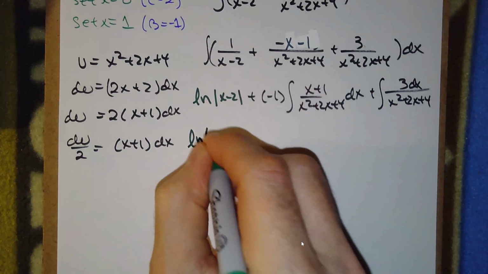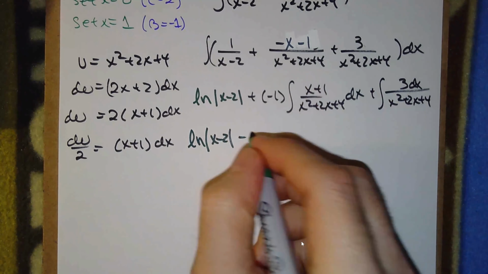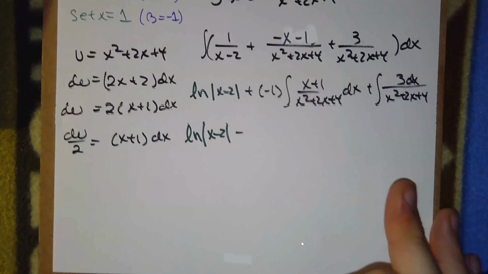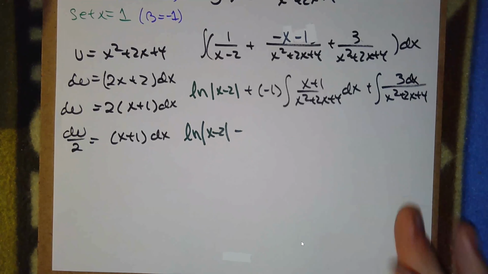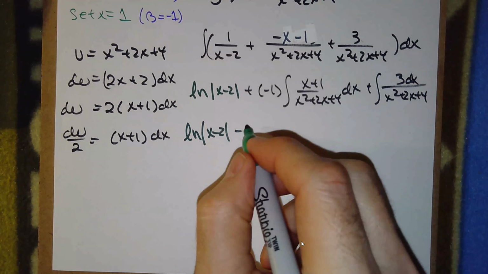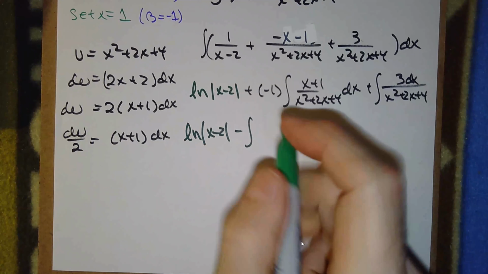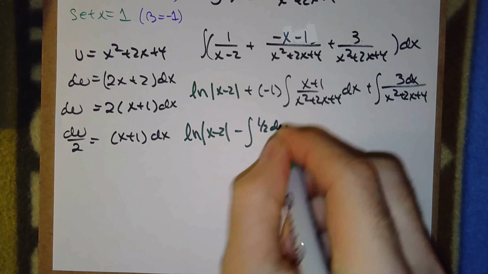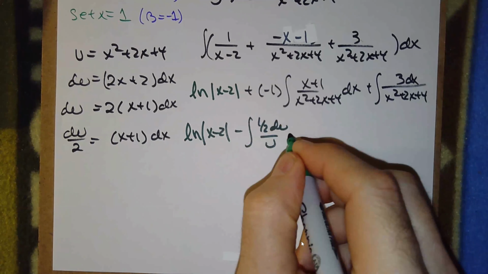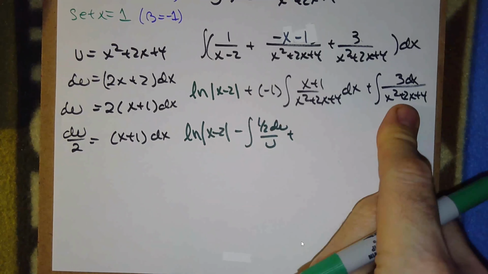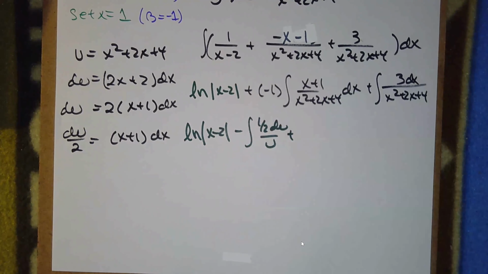ln of the absolute value of x minus 2 minus, let's see, the integral of 1/2 du over u plus this one. I didn't get to cover this in section 7.3 like I would have liked, so you're going to get it now.